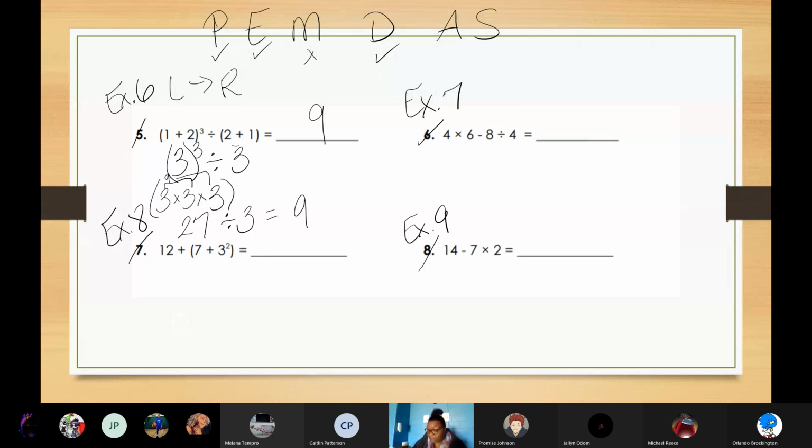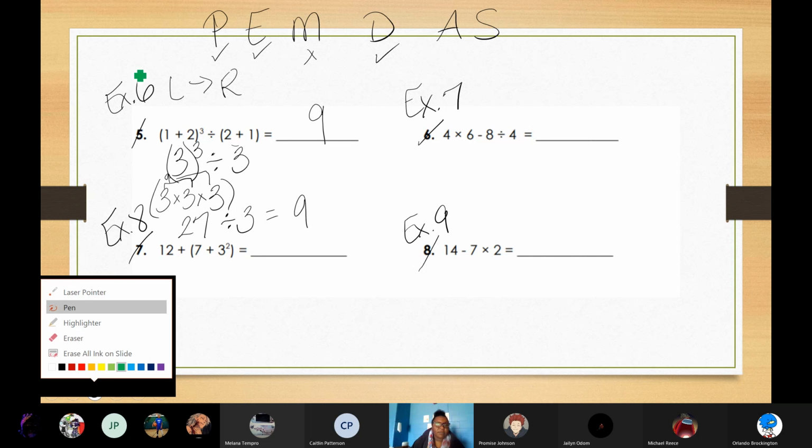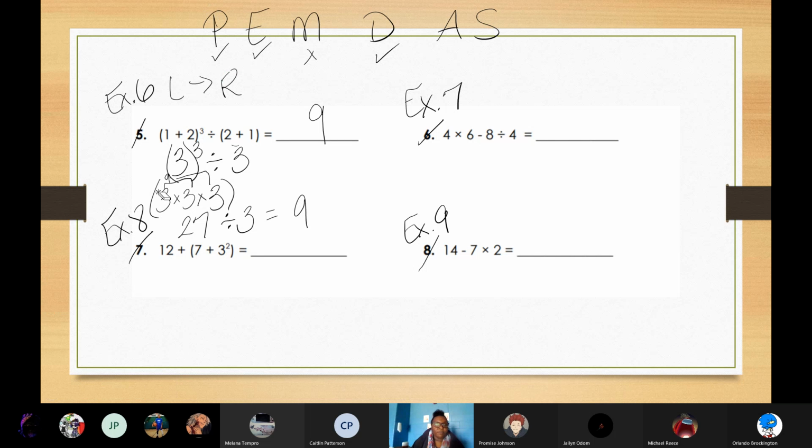Okay, let's look at example 7. This one looks a little bit easier because we don't have any parentheses or exponents. But example 7 is going to give us a lesson in which operations to do first, second, and third.